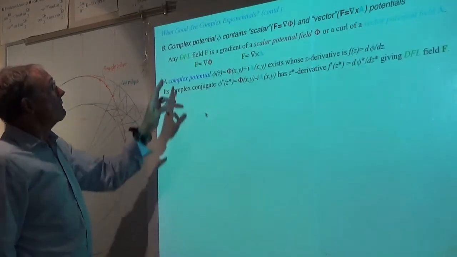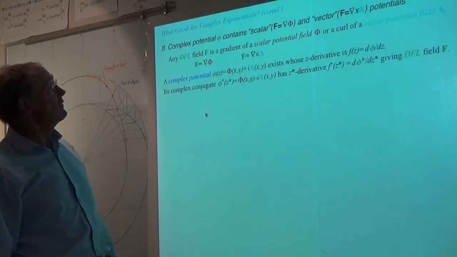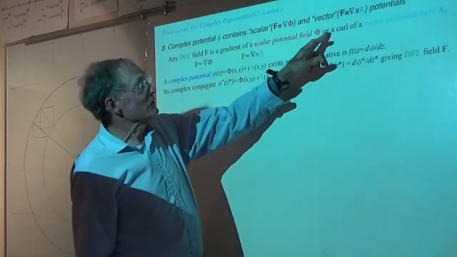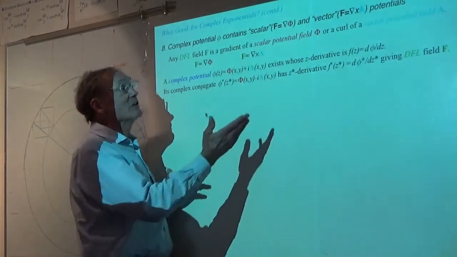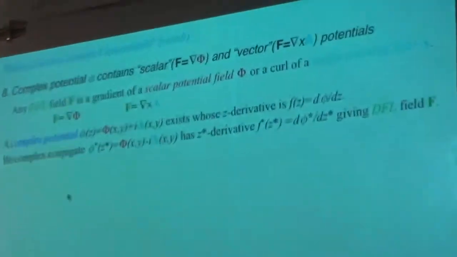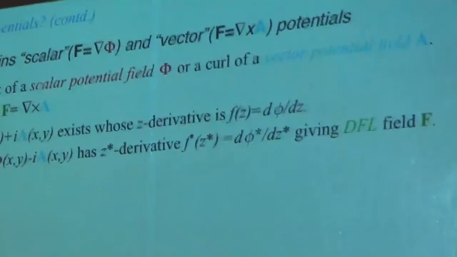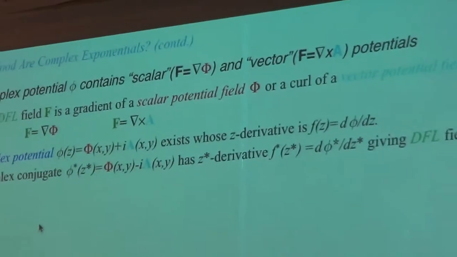So any DFL, divergence-free laminar field, is a gradient of a scalar potential. Or, and that's what's cool about these fields, it can also be expressed as a curl of a vector potential. It's one or the other or both, any combination of both. That's what's not, I think, realized by physicists who teach this subject.